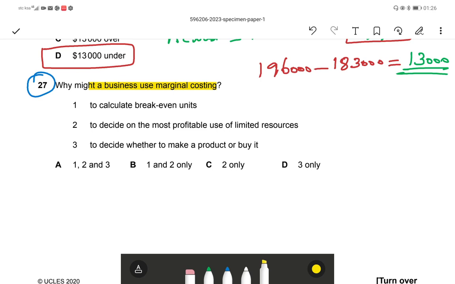So, to calculate break-even point, correct? Marginal costing will help with the break-even point. To decide the most profitable use of limited resources, perfect. To decide whether to make or buy a product. So all are correct. So the correct answer is option A.